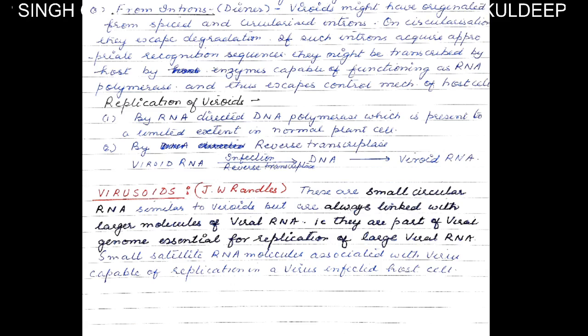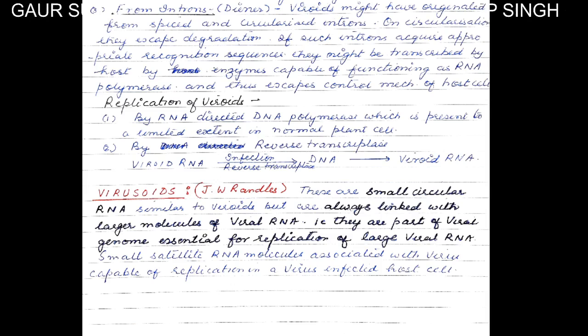That means some component of RNA of this subviral particle is drawn from the virus. That is, they are part of the viral genome and are essential for replication of large viral RNA. I am talking about the part of RNA which is of viral origin appended to the small circular RNA.